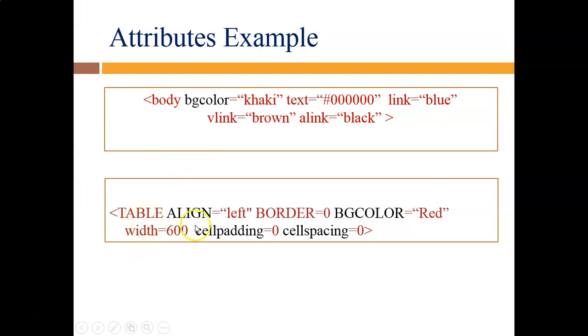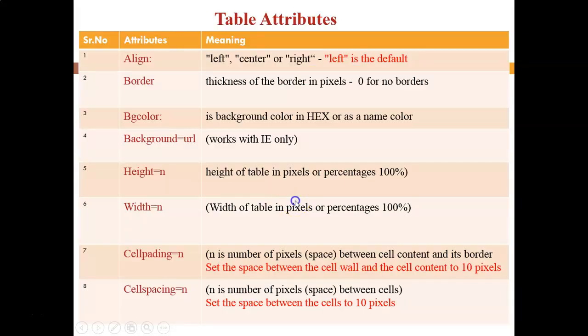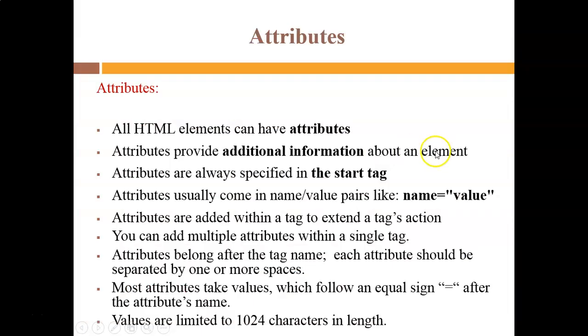So in a table tag, alignment is left, then border is 0, that means it's a 0 value, then background color is red, cell padding is 0, cell spacing is 0, width set to 600. So these are the different attributes we use in the starting tag. It gives additional information.